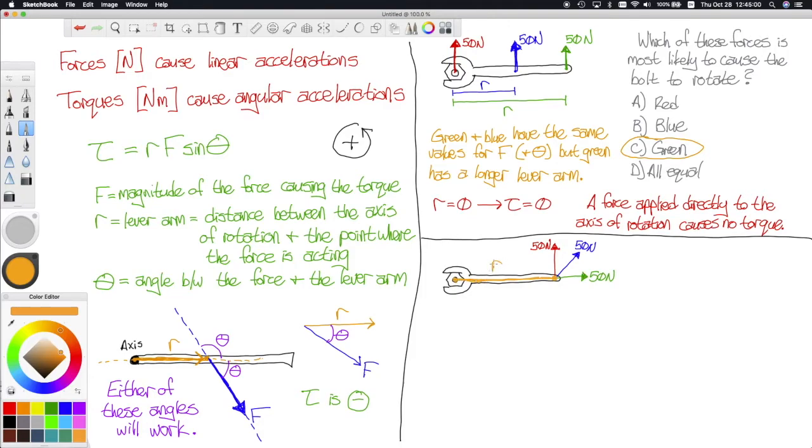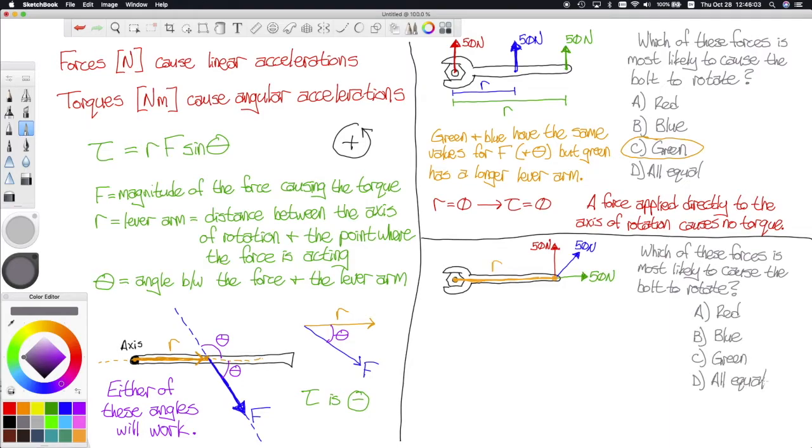So this distance is r in orange. And the question I want to ask you is the same question as before. Which of these forces is most likely to cause the bolt to rotate? So as before, take the time to pause the video and see if you can figure out which answer is correct, and then unpause the video to check your work.